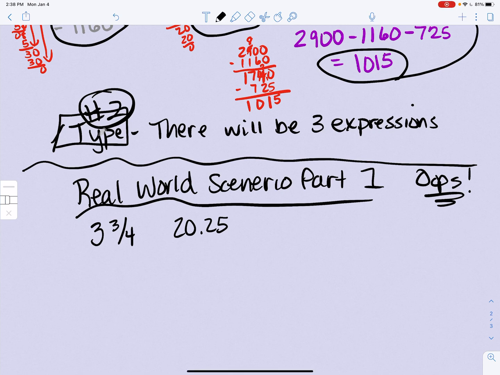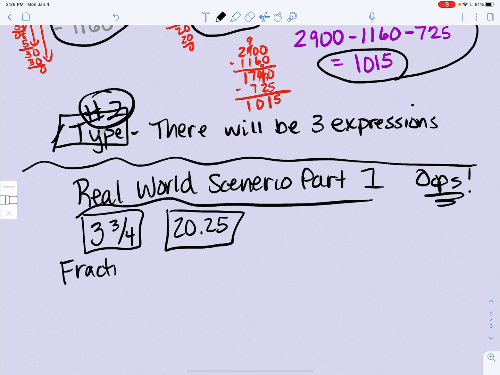So we're going to have to divide the bigger number by the smaller number. But in order to do that, this needs to be a fraction or this needs to be a decimal. So if you choose to go the fraction way, then this guy will be 20 1/4.